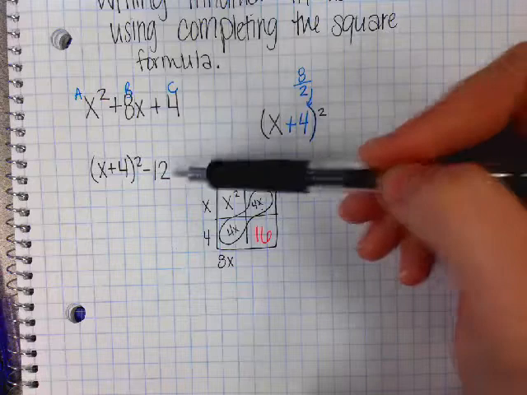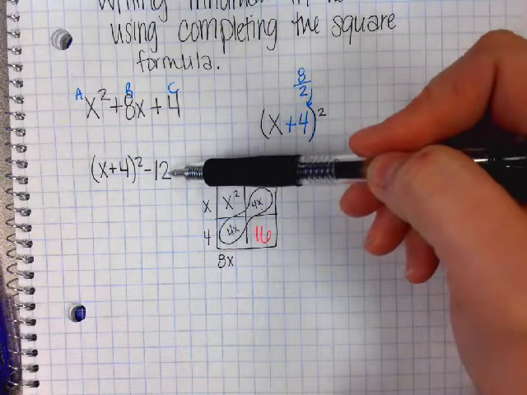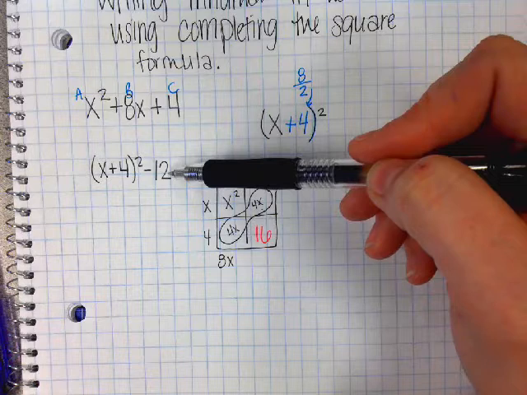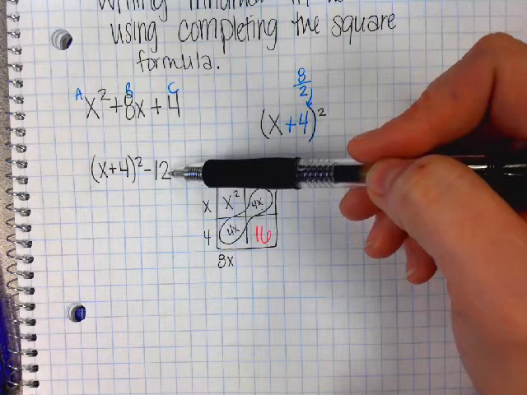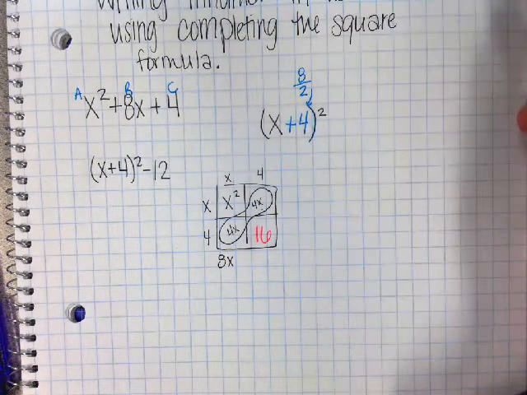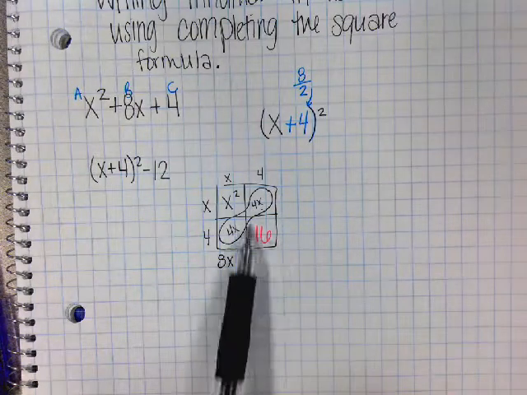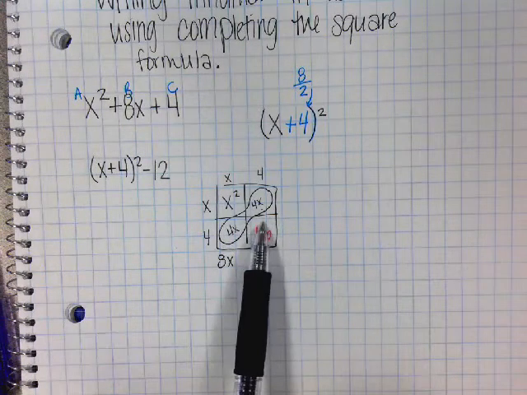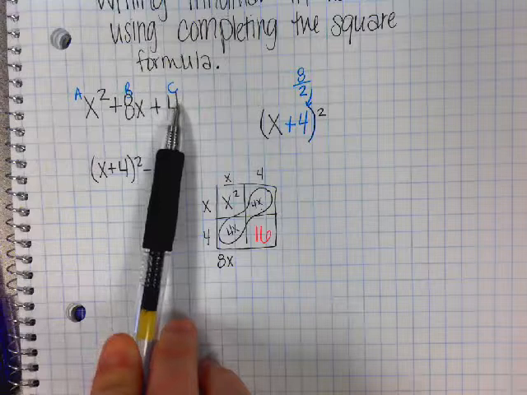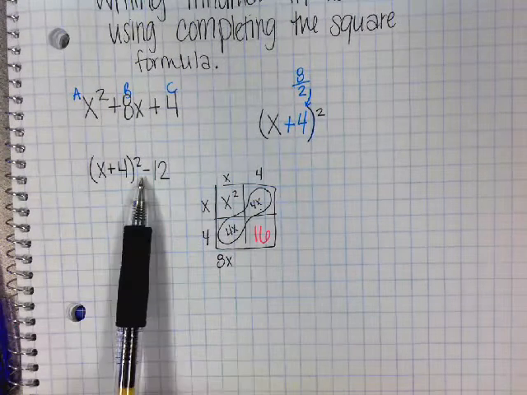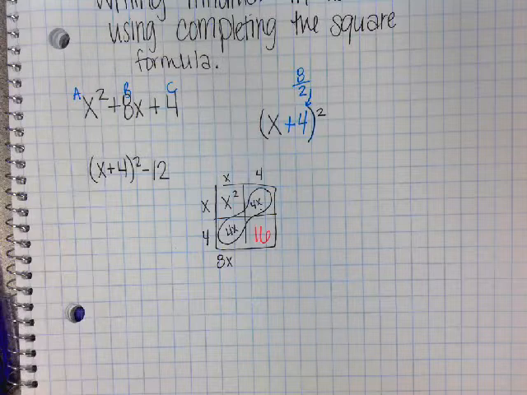Okay, now, where did this negative 12 come from? From the little ones, right? I was missing 12. Now, do you see how I put the 16 right here? 4 minus 16 is what?